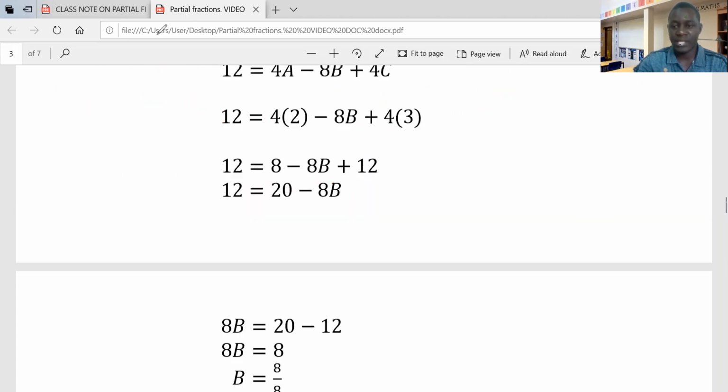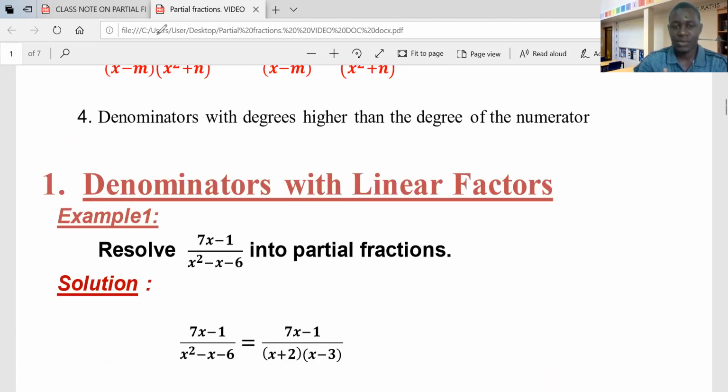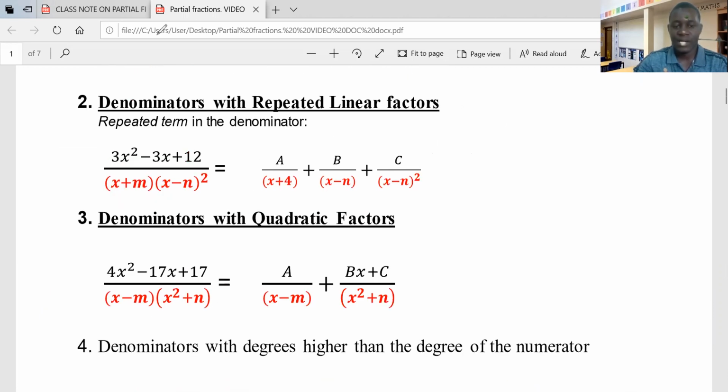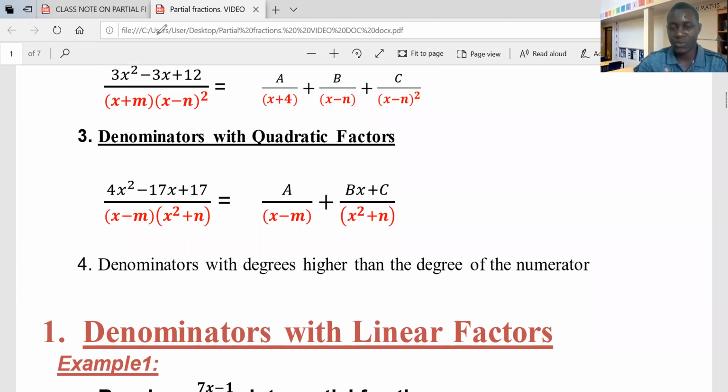When we meet again, we will be looking at the remaining part, the one that has the degree of the numerator higher than the degree of the denominator. In such a case, we call that kind of fraction an improper fraction. Until then, see you again.